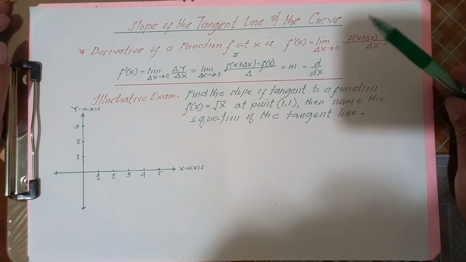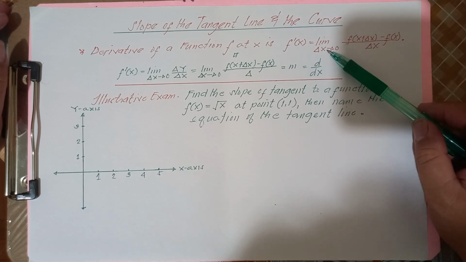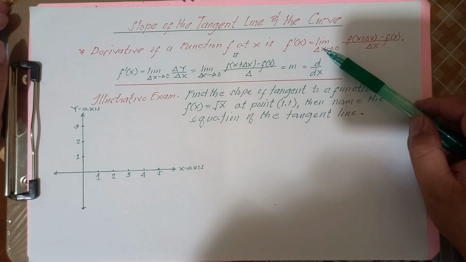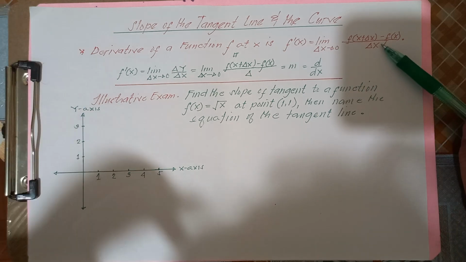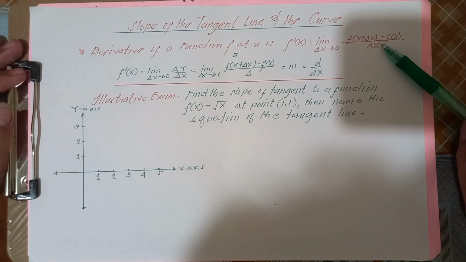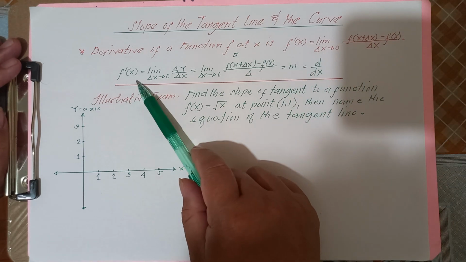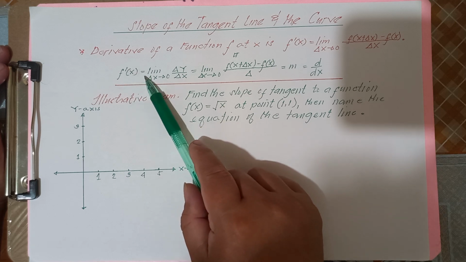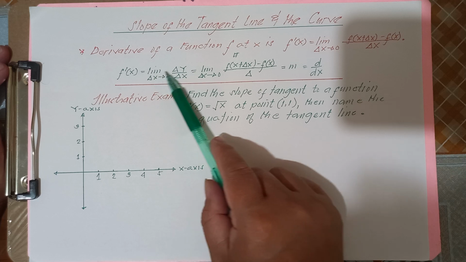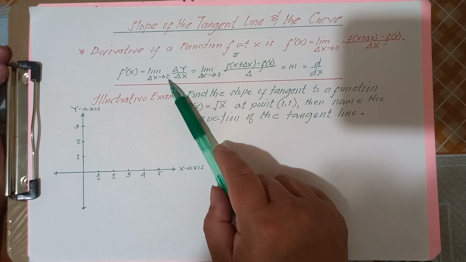So we have already stated that this notation is actually the derivative, which stands for the slope of the tangent line. So that you will notice some of the notations for derivatives, this statement can be written in this form: f prime of x is equal to the limit of change of y over change of x as change of x approaches 0.